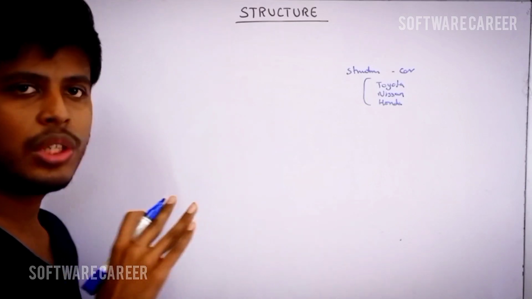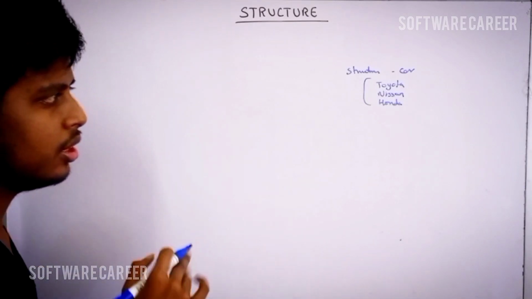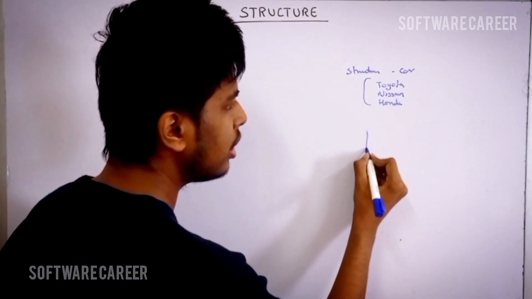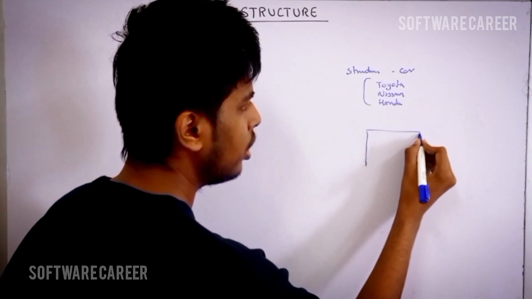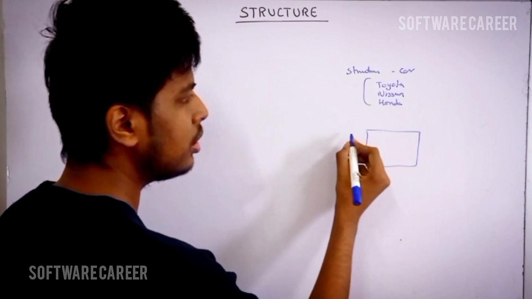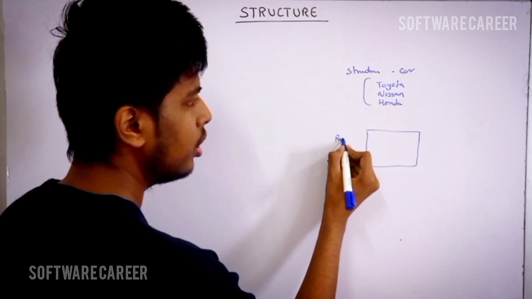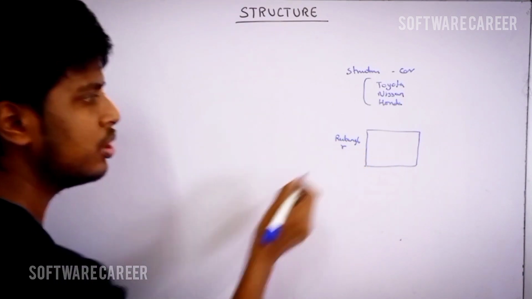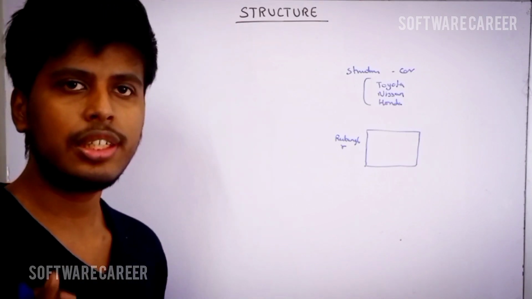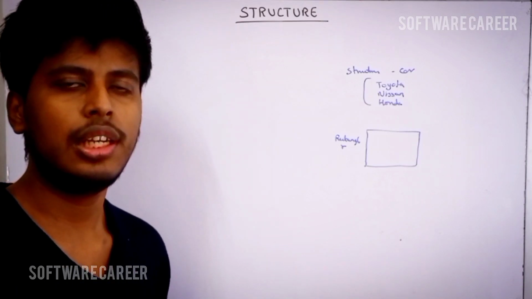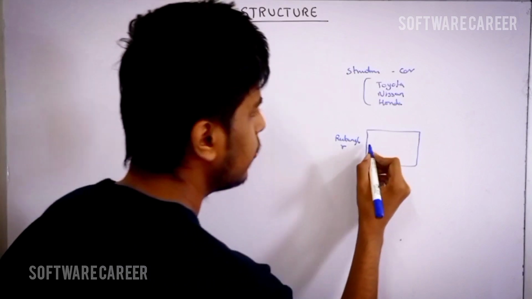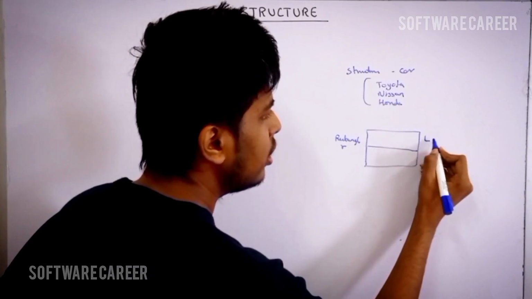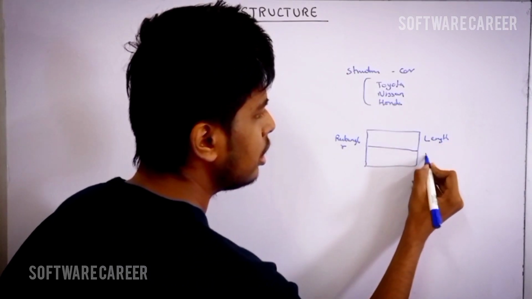Now let's see how to declare and initialize a structure. Suppose I have a structure rectangle, with variable R. For a rectangle, what parameters do we need? Length and breadth. So I have two parameters, length and breadth.